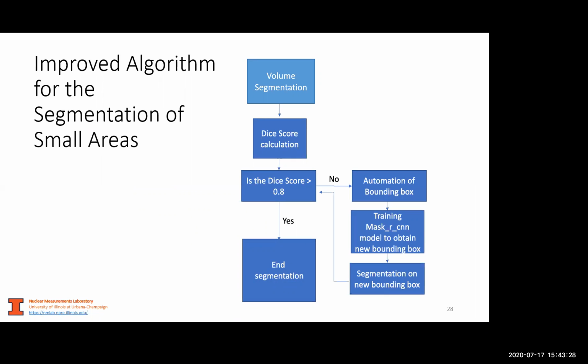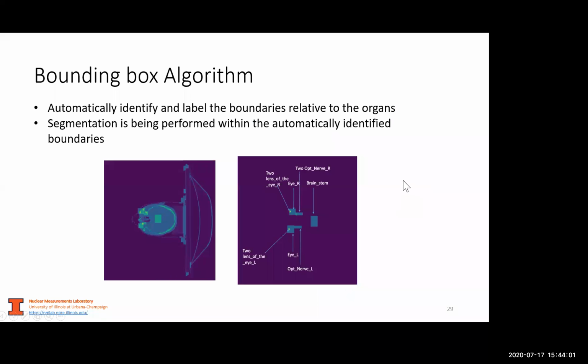And we do enhance it in the following way, by performing the first segmentation, calculating the Dice score, and then if the Dice score is below our threshold, calculating again with a neural network an automated bounding box around the region, training the convolutional neural network again, and segmenting the region inside the identified bounding box. Here you can see the bounding box algorithm, how it creates a nice region surrounding the area.